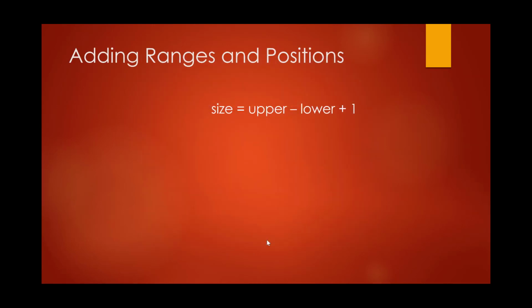So I'd like to start with a formula that I talked about in an earlier video, a video on circles and rings. And this had to do with if you're sending a document to a printer, and you say, I want to print pages 6 through 9. The question is, how many pages are being printed?